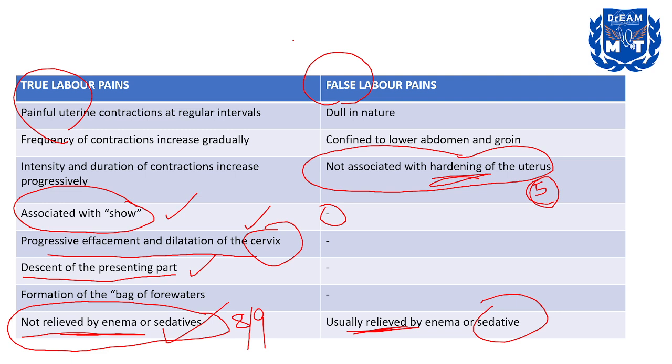There will be hardening of the uterus in true labor pains and no hardening in false labor pains. There will be no descent of the presenting part in false labor pains, and presence of show in true labor pains, absence of show in false labor pains. True labor pains cannot be relieved by enema or sedatives, and false labor pains can usually be relieved by enema or sedatives. Hope this helps you.